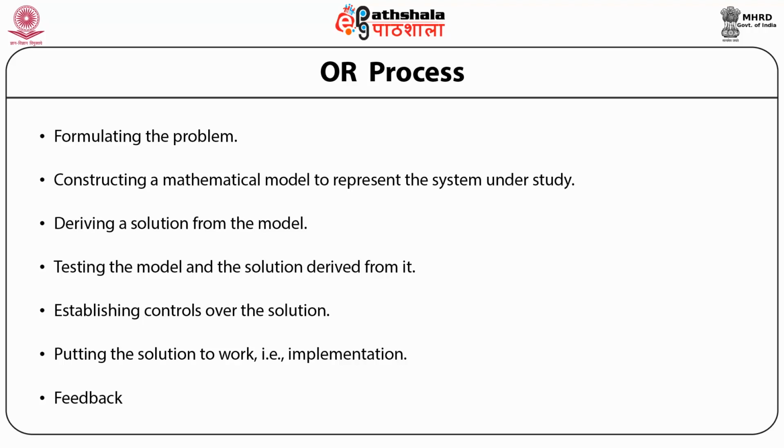The best method of testing the model is the librarian's intuition, as it is usually based on experience and thus can be valuable. Otherwise, there are a variety of technical methods for testing. If the results do not appear to be right, these should be carefully examined before acceptance. Then controls over the solution need to be established.